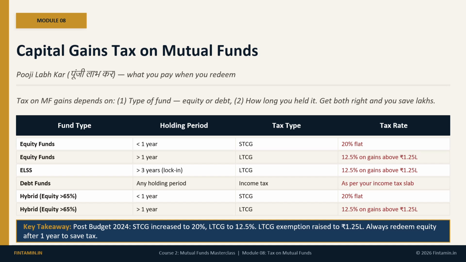Gains are taxed at LTCG at 12.5% above 1.25 lakh after the mandatory 3-year lock-in. You cannot exit before 3 years anyway. The most important rule: always hold equity mutual fund units for at least 1 year to qualify for LTCG treatment. Redeeming before 1 year triggers 20% STCG, a significant and avoidable cost.